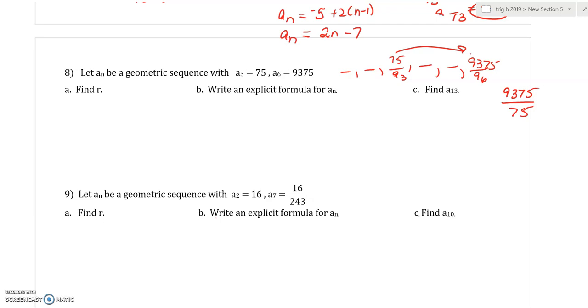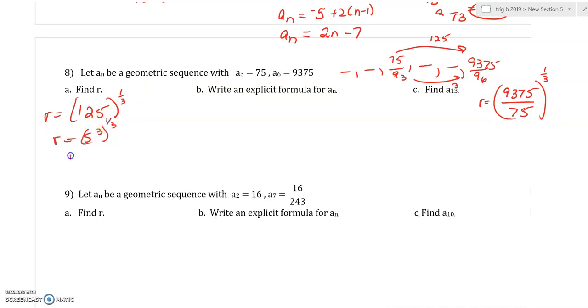So let's see, that is 125. So if I'm multiplying by 125, but it takes 3 steps to do it, this time I have to take the 125 to the 1/3 power, because I have to figure out what am I multiplying by in one step. And that's how I know that the R is 5.